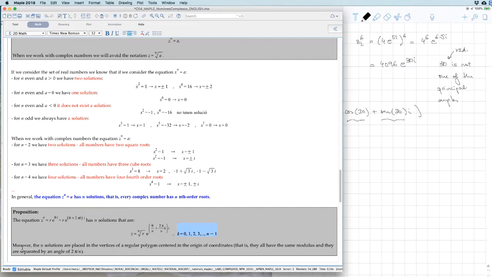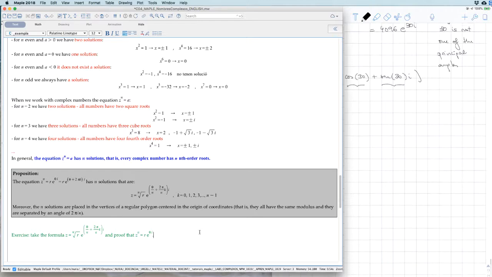So these are the n solutions that we are looking for. And an important thing is that the solutions are placed at the vertices of a regular polygon. So all the solutions have the same modulus, which is this one, and the arguments are separated by an angle of 2 pi over n, this one here.